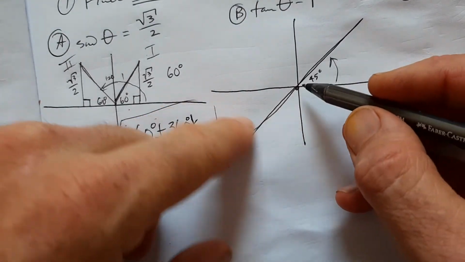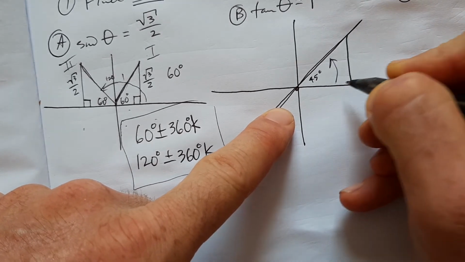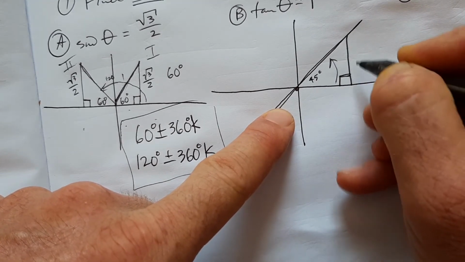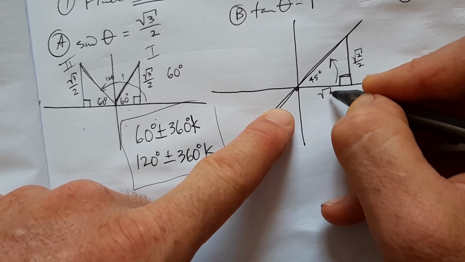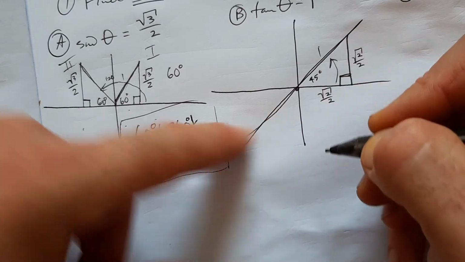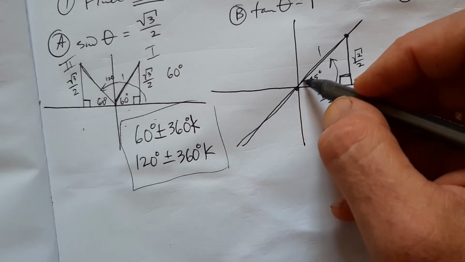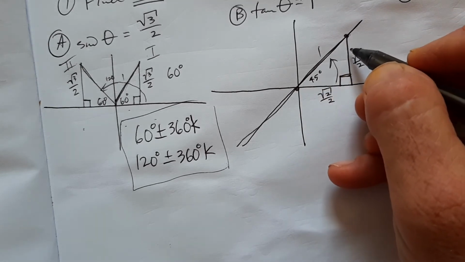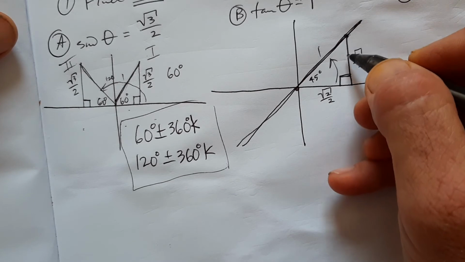So this is a little easier because, okay, did I explain my reasoning here enough? I know this is the square root of 2 over 2, and this is square root of 2 over 2 if this is a 1. All right, a 45 degree angle is a slope of 1.